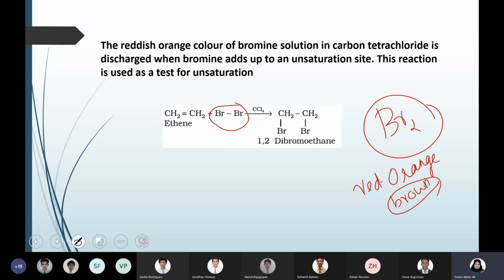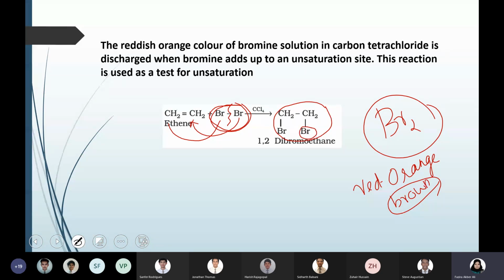So when you add bromine to an alkene, the bromine will be added across the double bond. That means in this compound, the double bond is broken down and bromine is added on the carbon atoms. Here bromine is not existing as a molecule. It has become part of an organic compound now.